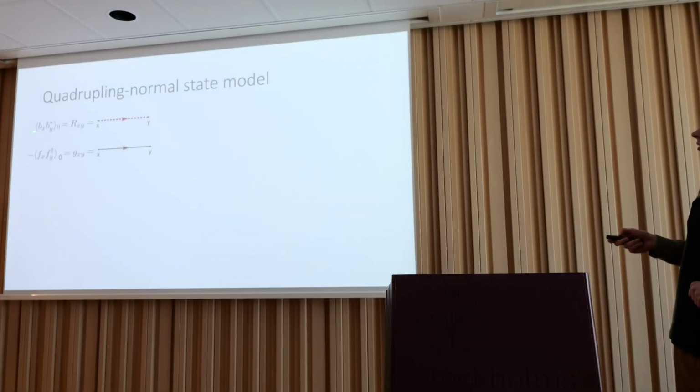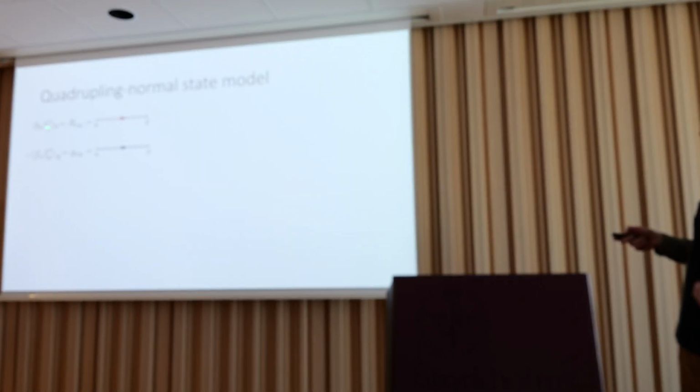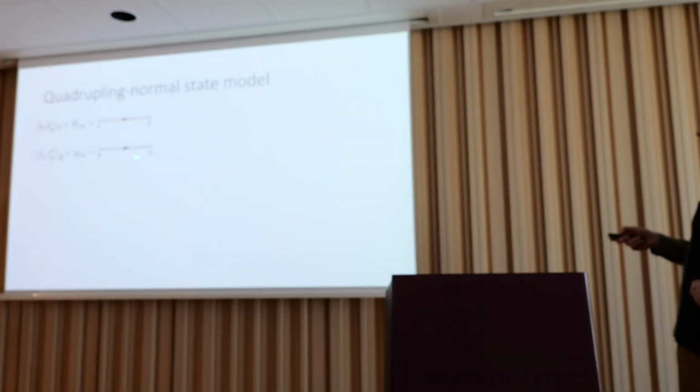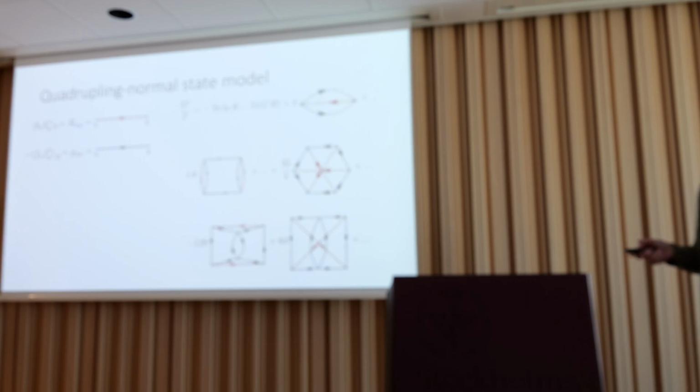To write it down, I denote the propagator for the boson, so for pairs, as R, a red arrow, and the free particle Green's function for fermions, or electrons in this case, is this black line.